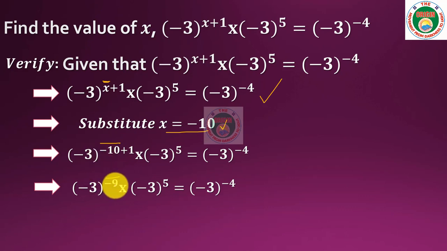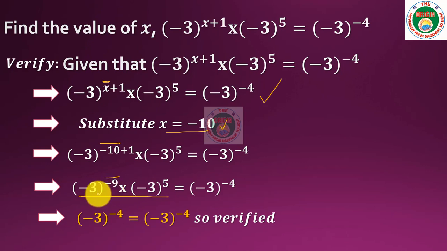That is why I wrote -9. The rest of the terms are the same, and this is in the form a^m × a^n, which is a^(m+n). So (-3)^(-9+5). -9 + 5 has opposite signs, 9 - 5 is 4, and the result takes the bigger number's sign, that is -4. So (-3)^(-4) equals the RHS, (-3)^(-4). When LHS and RHS are equal, it is the correct answer, and it is verified. This is the process of verification.